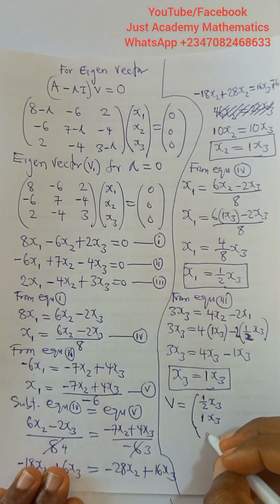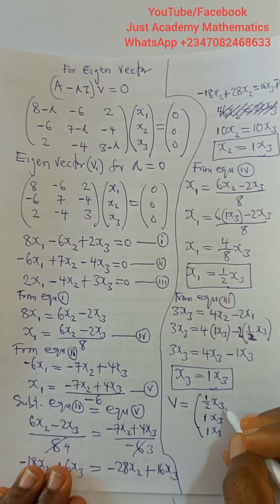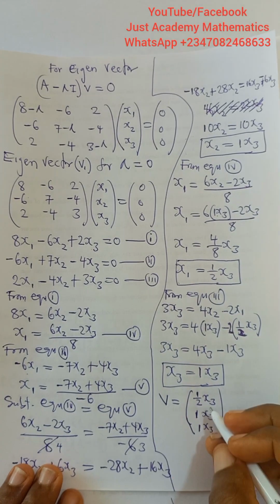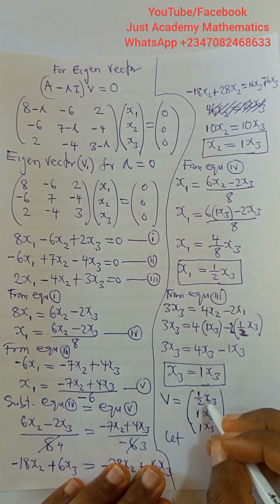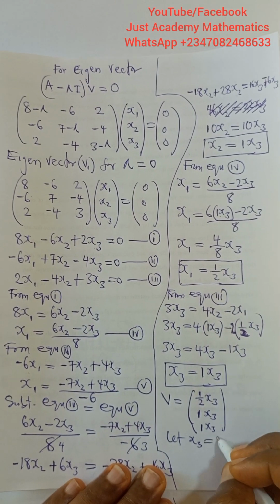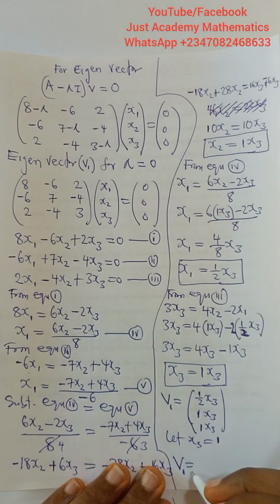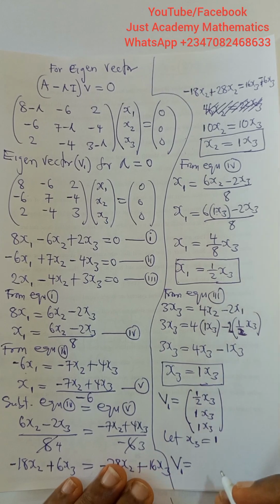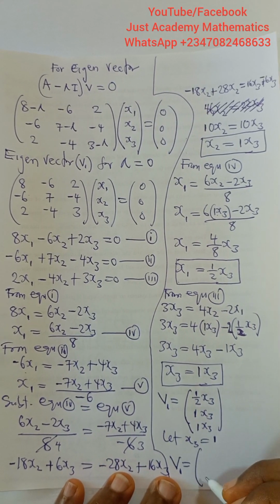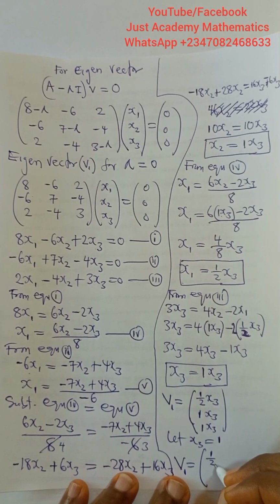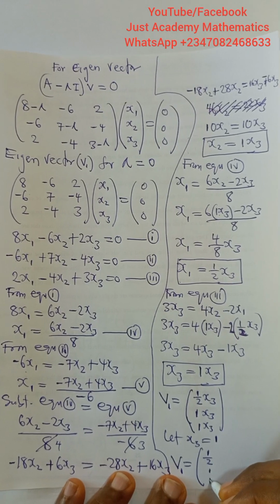And what is x3? 1 x3. So to get the value, you can let this x3 be equal to 1. So the value of v1, which is the vector for eigenvalue 0, is simply 1 over 2, 1, and 1.